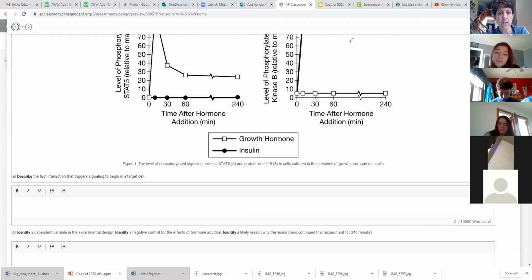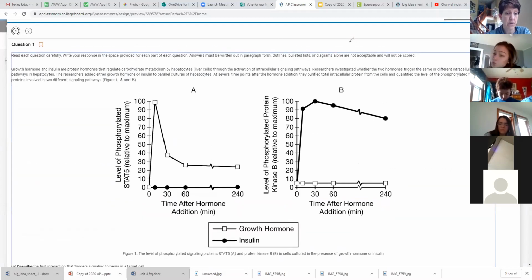I would say their claim is definitely true: using growth hormone stimulated the level of phosphorylated STAT5, as seen from the data. And you could even show data in your answer that insulin showed the level of phosphorylated kinase B go up. So 2 different pathways because they activate different proteins.